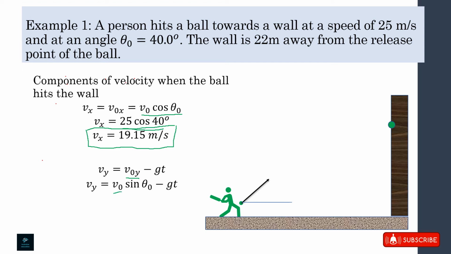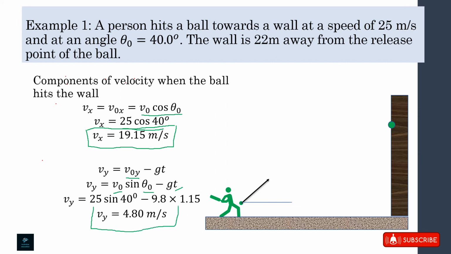Putting the values of v0, theta 0 and t, we obtain vy equal to 25 sine 40 minus 9.8 into 1.15. If we calculate it, we find that vy is equal to 4.8 meters per second. Therefore, when the ball hits the wall, it has a y component of velocity equal to 4.8 meters per second.